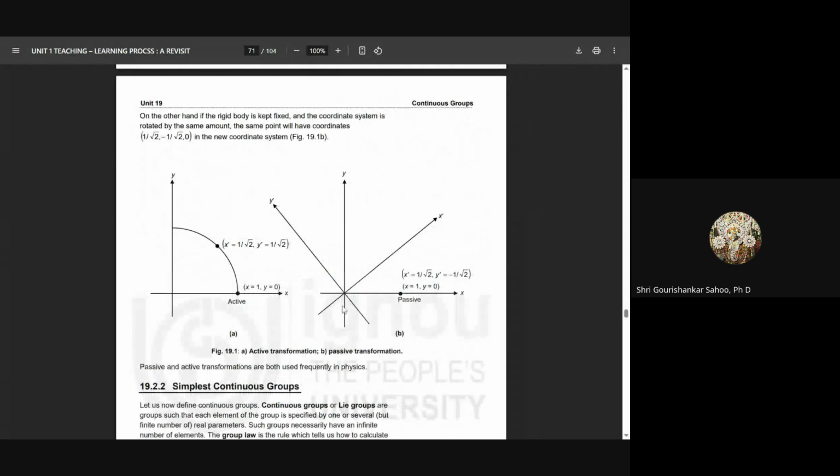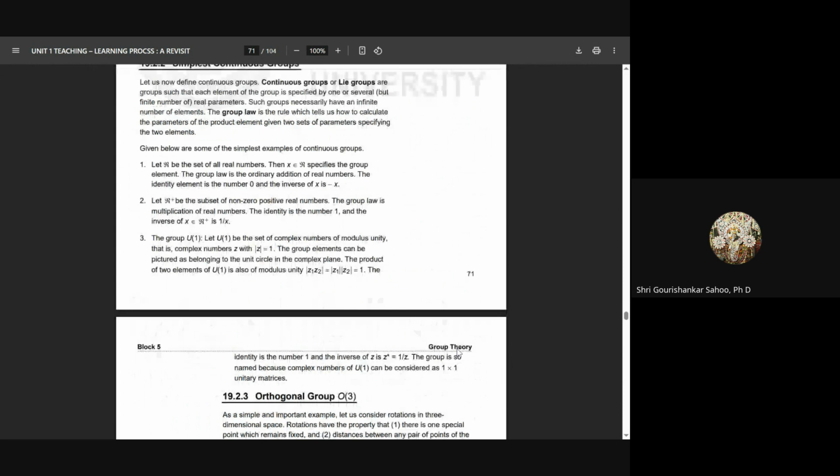So see here, this is the x and y axis. Now you rotate the x axis to x dash and the y axis to y dash. So this is passive transformation. Here the point was at (1, 0). Here it is (1 by root 2, 1 by root 2). So the point is moved to some other point, but the coordinates are fixed. So this is active transformation and this is passive transformation.